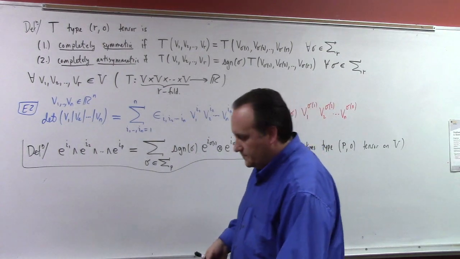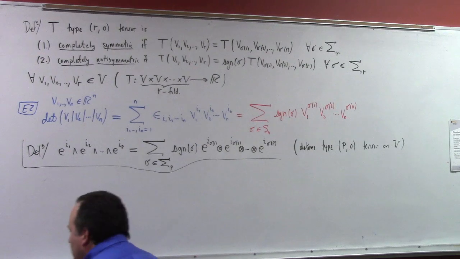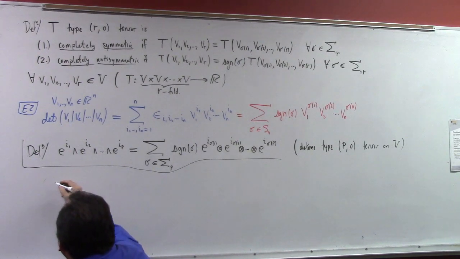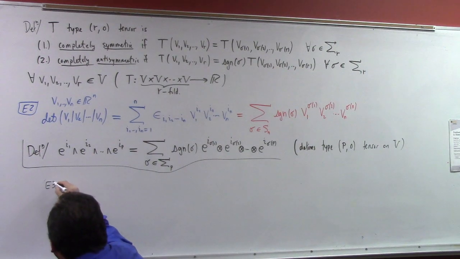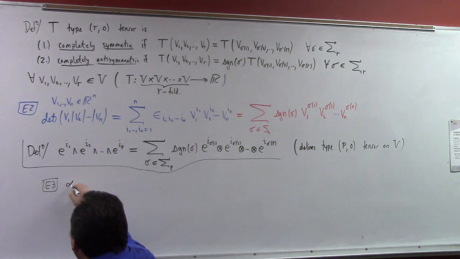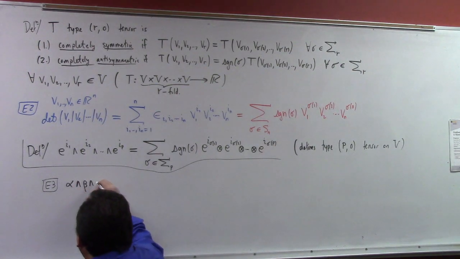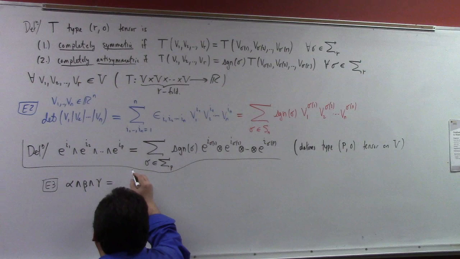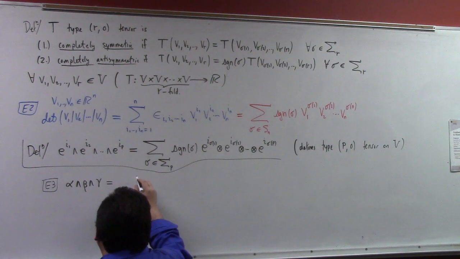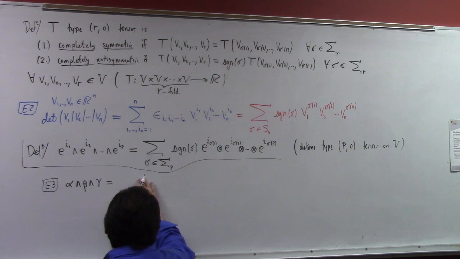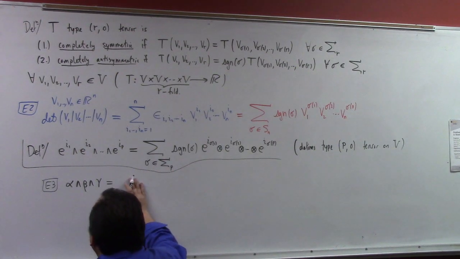Let's look at this, though. So if we have three things, and you know what, Ernesto, I will take your advice and forget about my basis for a second, but if I had, for instance, alpha wedge beta wedge gamma, then I would do something like, oh, rats. I kind of have to enumerate them to follow this instruction here, don't I?